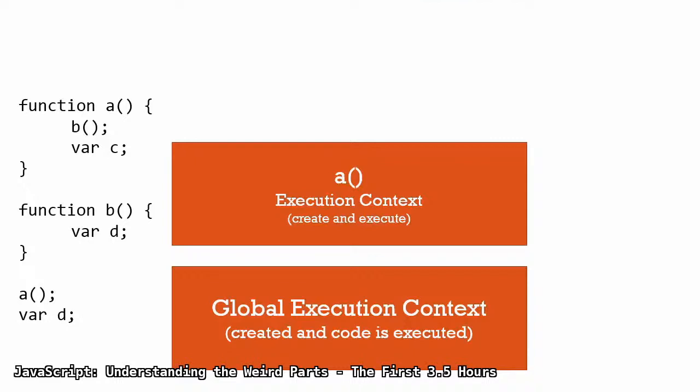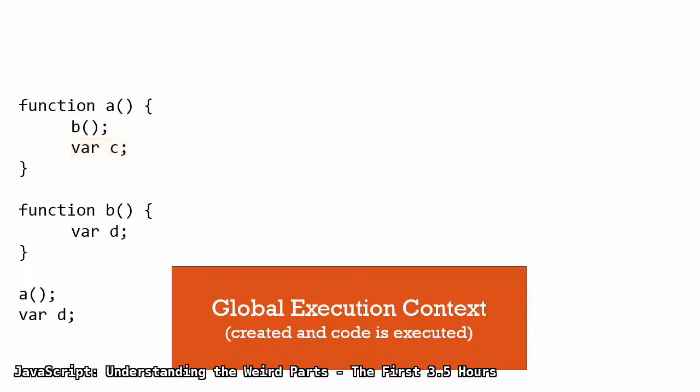So now what's the current execution context again? A. So it runs the next line of code that hadn't yet been run inside that execution context, meaning that var C line. And then when A is finished, it's popped off the stack, and the next line of code that hasn't yet been run in the global execution context is run, which is that very last var D.